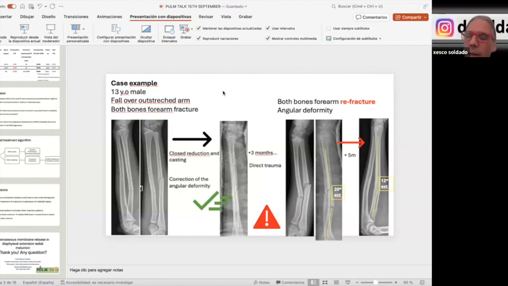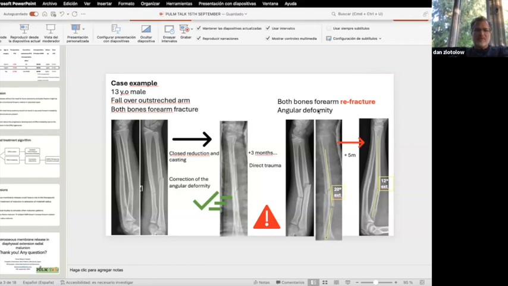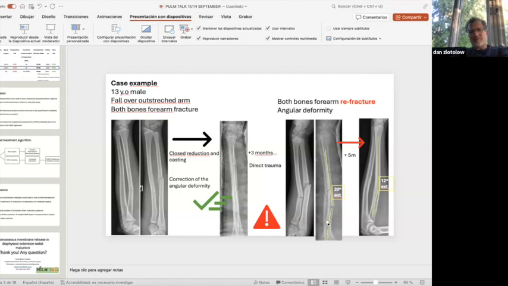Sorry, I didn't understand. Can you repeat? Dan, you want to give it a go? Yeah, sure. If you look at that X-ray that Scott pointed out, you can see how the radius goes up over the ulna and then back around. So it crosses over. This happens really on proximal third radius fractures.